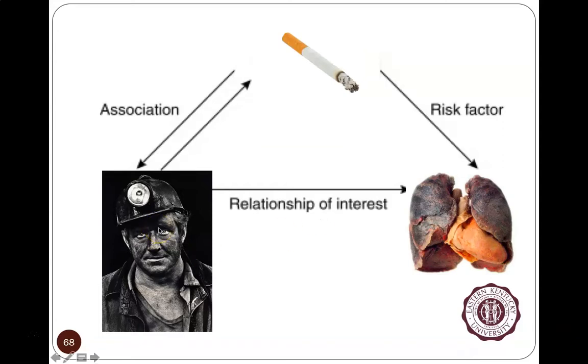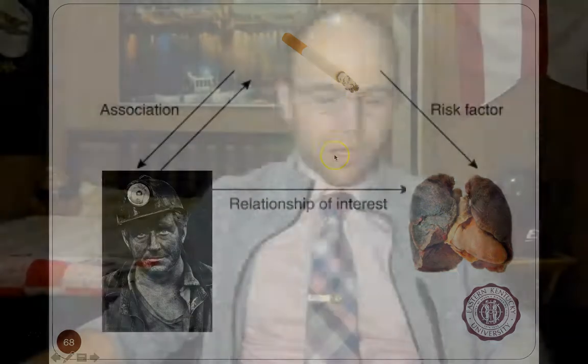If you were trying to see if there's a relationship between coal mining and lung cancer, or coal mining and COPD, chronic obstructive pulmonary disease, it's going to be harder to tell unless you adjust for smoking.